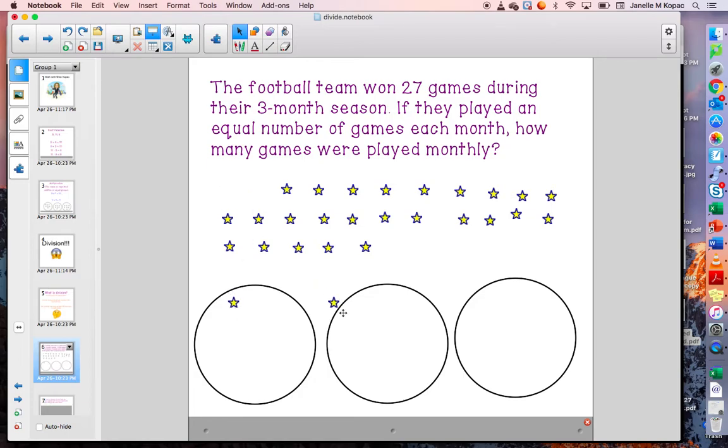And you will notice I'm going in order, because if I skip around and go out of order, it could really affect my answer. I just want to make sure that I do not miss any because I want to be accurate. So I'm going to keep sorting. Right now I have sorted 12 stars. So here's number 13.